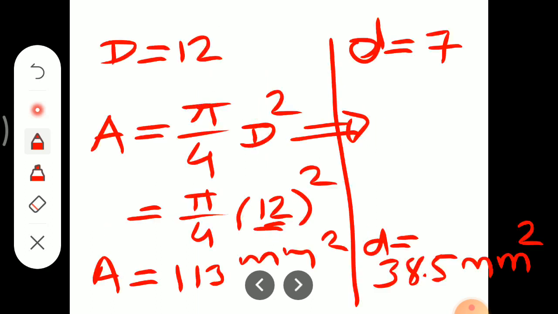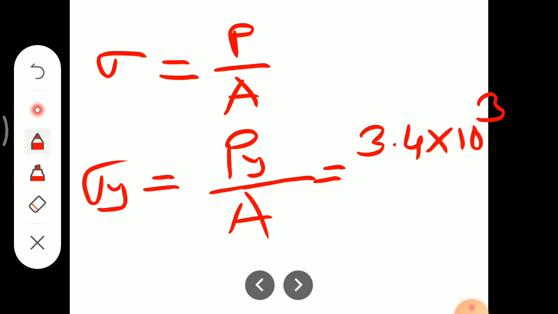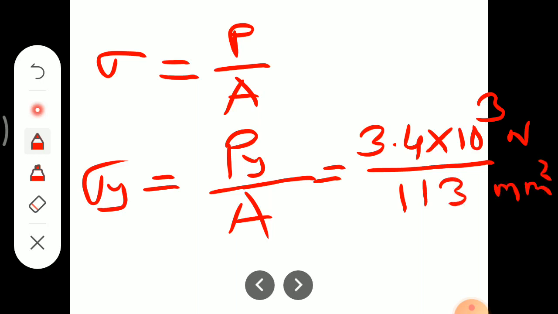Now put the value: P y divided by A is equal to 3.4 kilonewton, converted to Newton, so 3.4 into 10 raised to 3 Newton, divided by area 113 mm square.